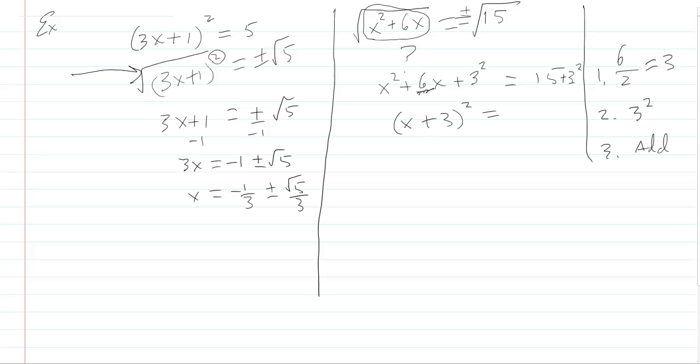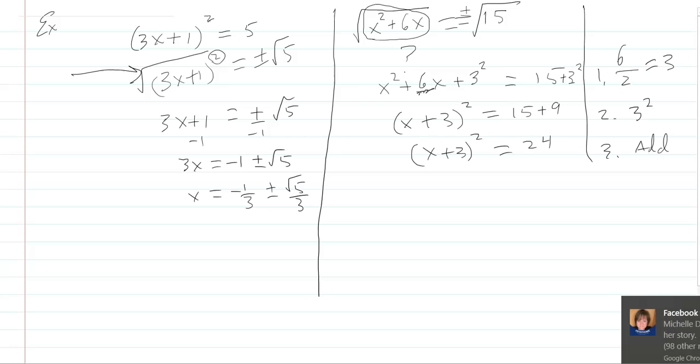And this is just whatever it is, 15 plus 9, which happens to be a 24. So the point is now I've converted my left side into a perfect square trinomial by adding that 3 squared.